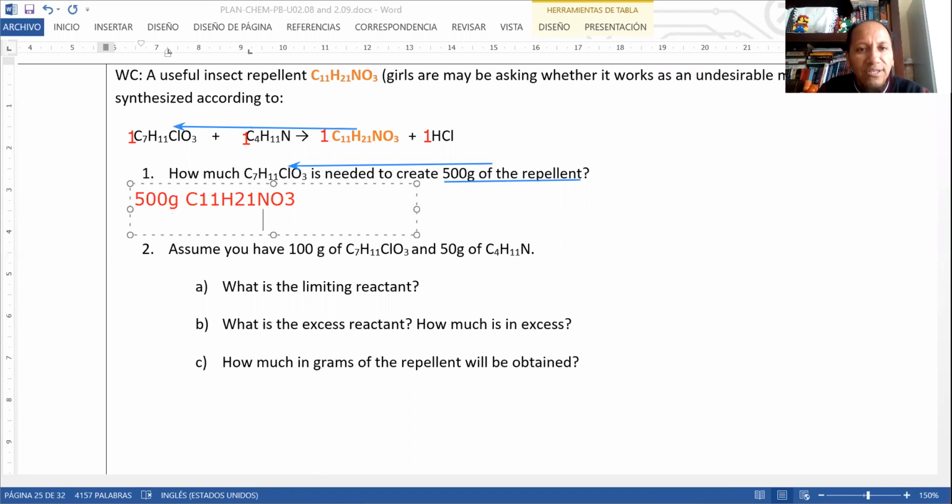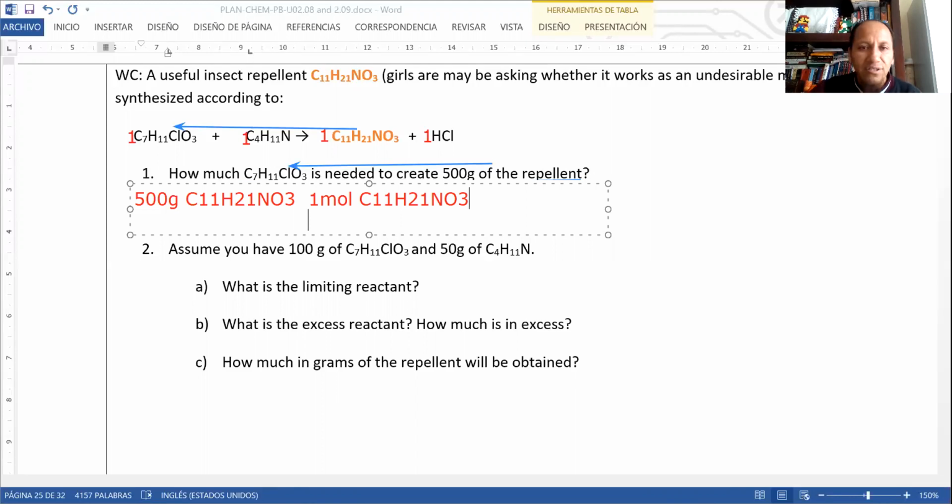Then let's pass to the other part. Let's transform that to moles because the reaction is balanced according to moles. So 1 mole of the repellent, C11H21NO3. What is the mass for that one?